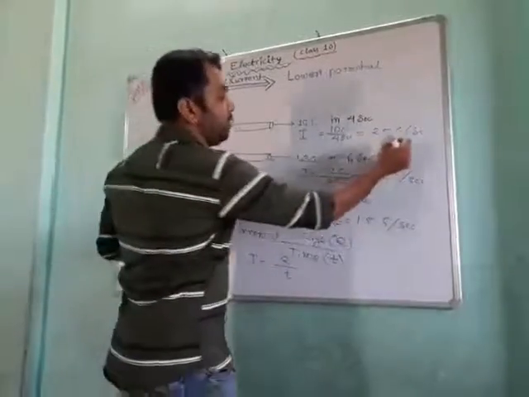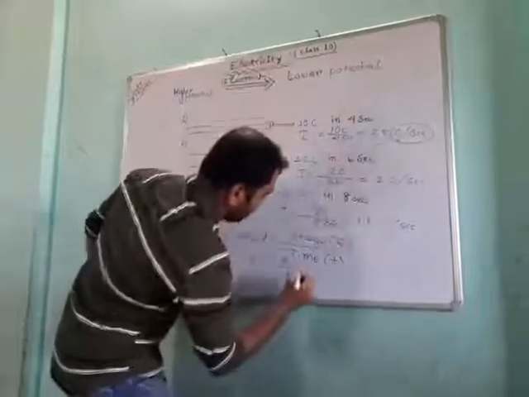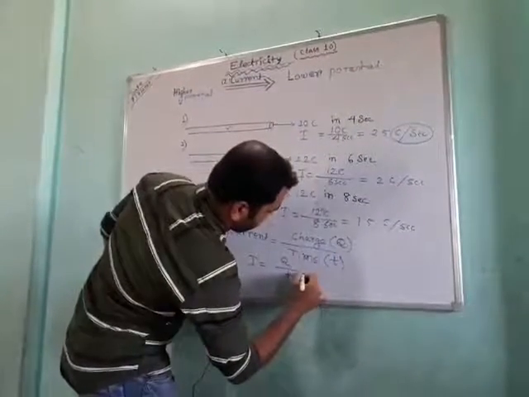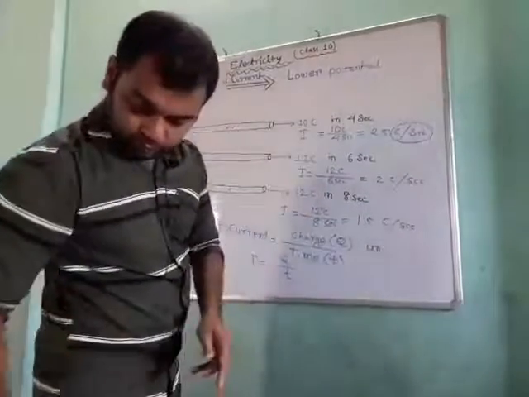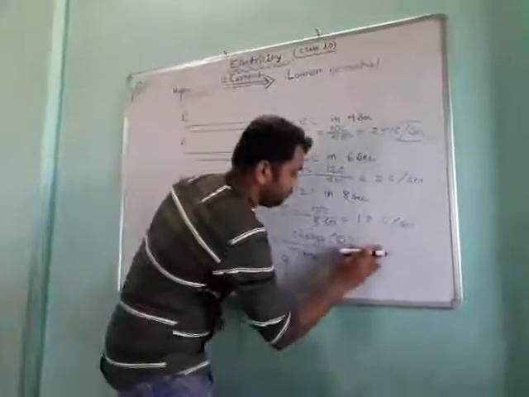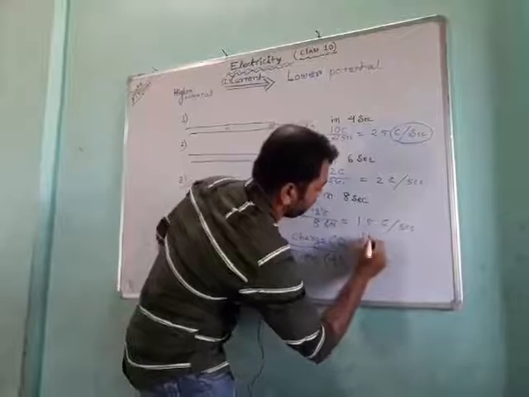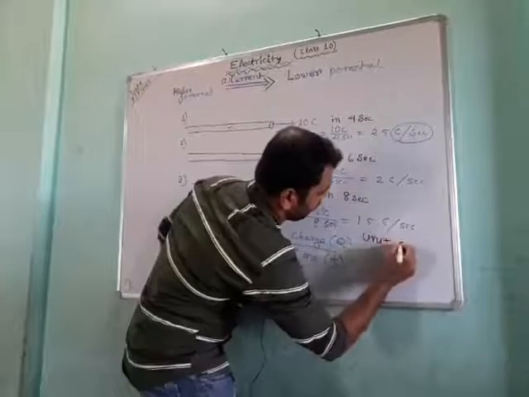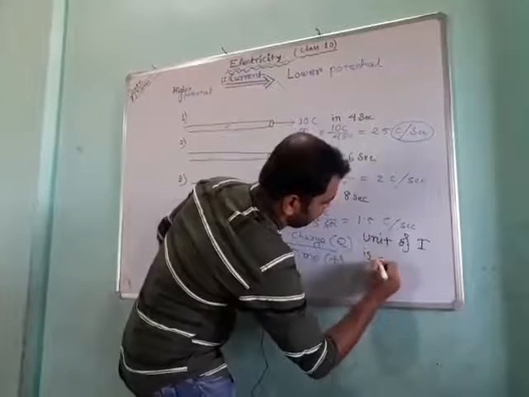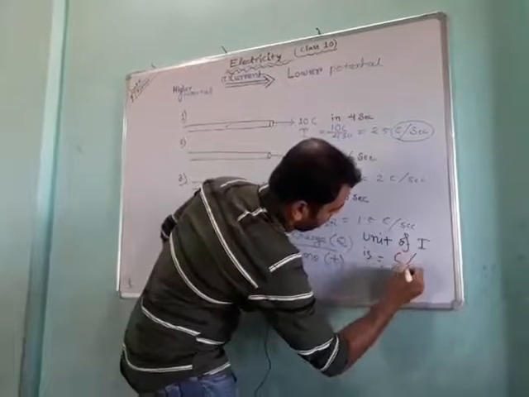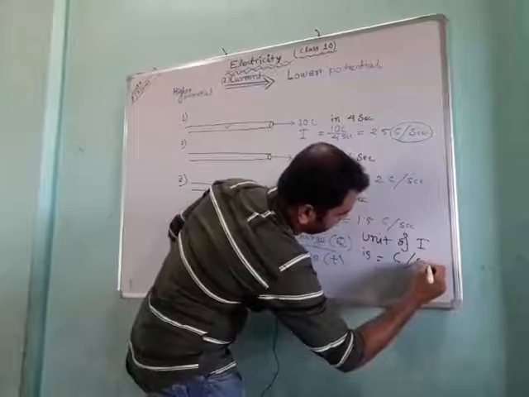So what will be the unit of current? It is coulomb per second. The unit of I is coulomb per second.